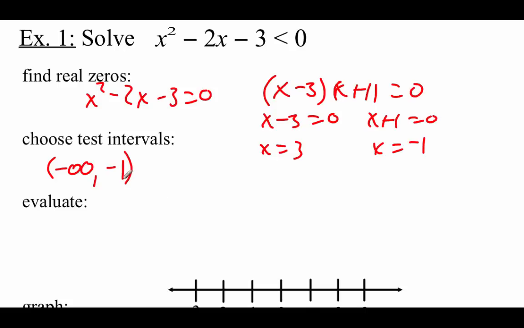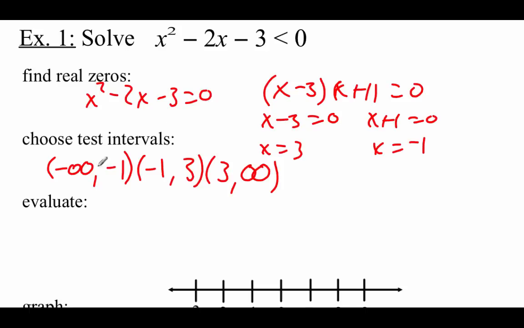Since we ended our first interval at negative 1, that's where I'm going to open my next interval, and then go until we hit another one of these zeros or critical numbers. So we're going to go until we hit 3. Since we closed at 3, we need to open another interval at 3. There are no other zeros that we're going to run into, so this last interval is going to run all the way out to infinity.